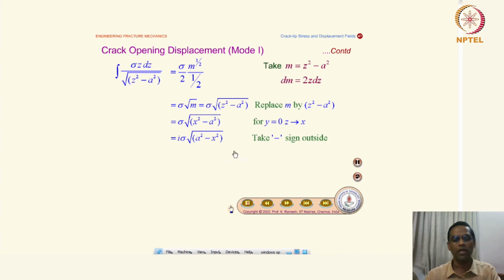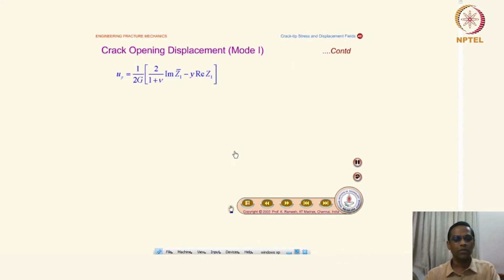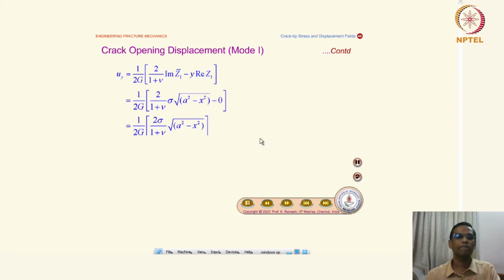The one advantage of writing it like this is that we will simply take the imaginary part of Z1 bar, so we can directly substitute this. If you take this and put it into this equation, we get a very interesting result.